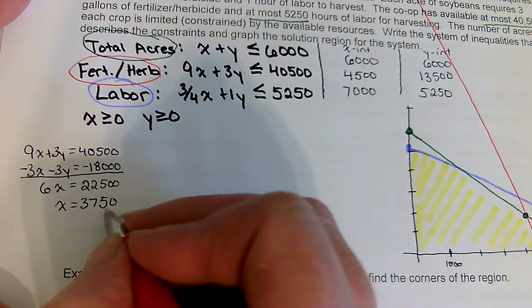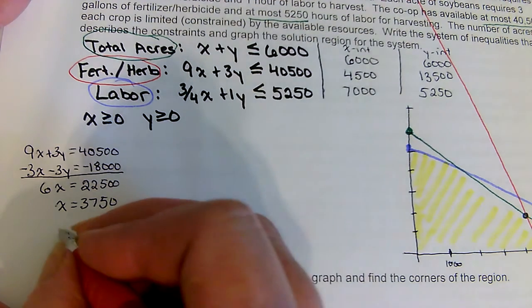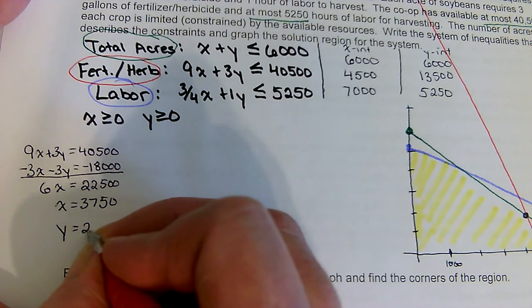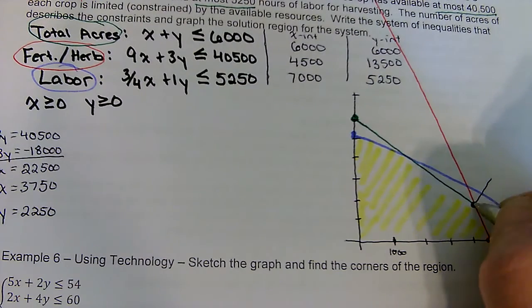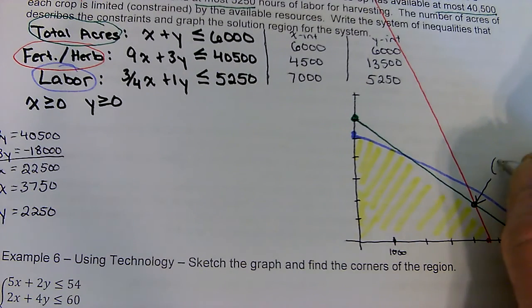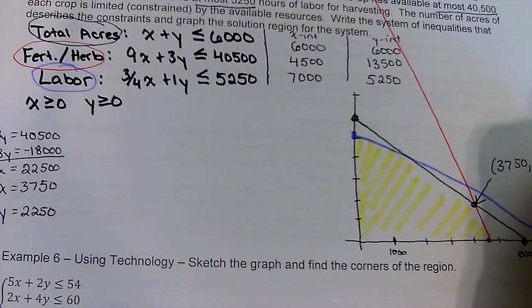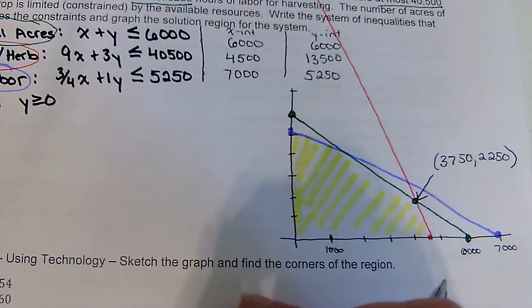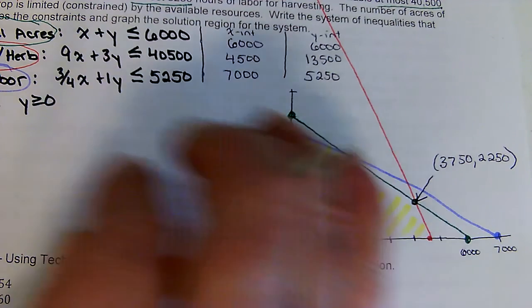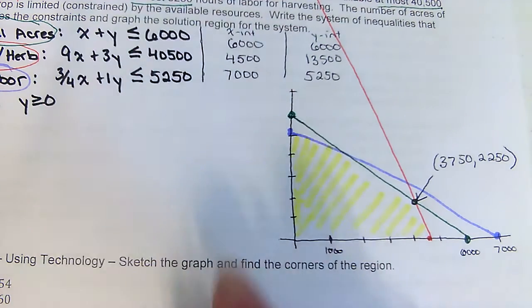If I use up 3,750 for corn, I will have 2,250 left for soybeans. So this point right here is 3,750 and 2,250. Any point in this area, any combination will fit these restrictions.